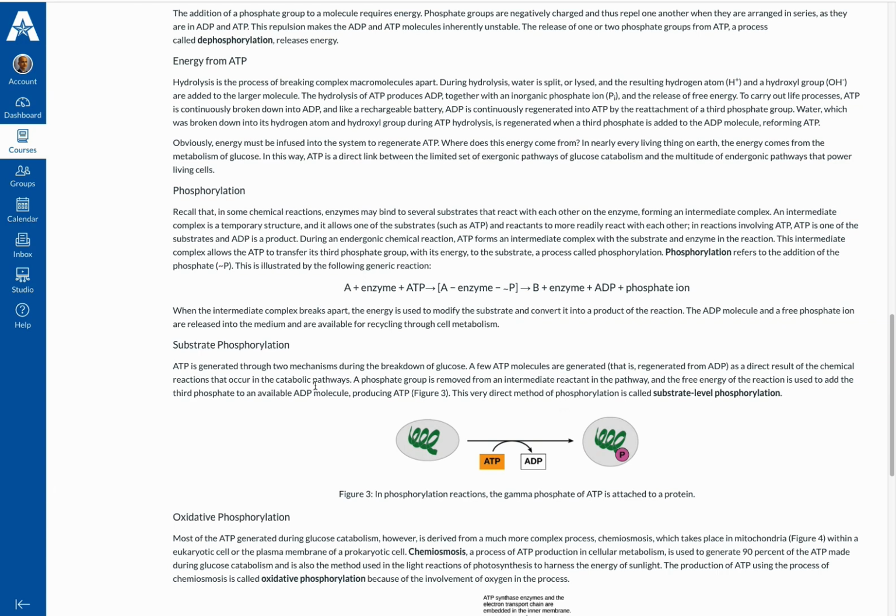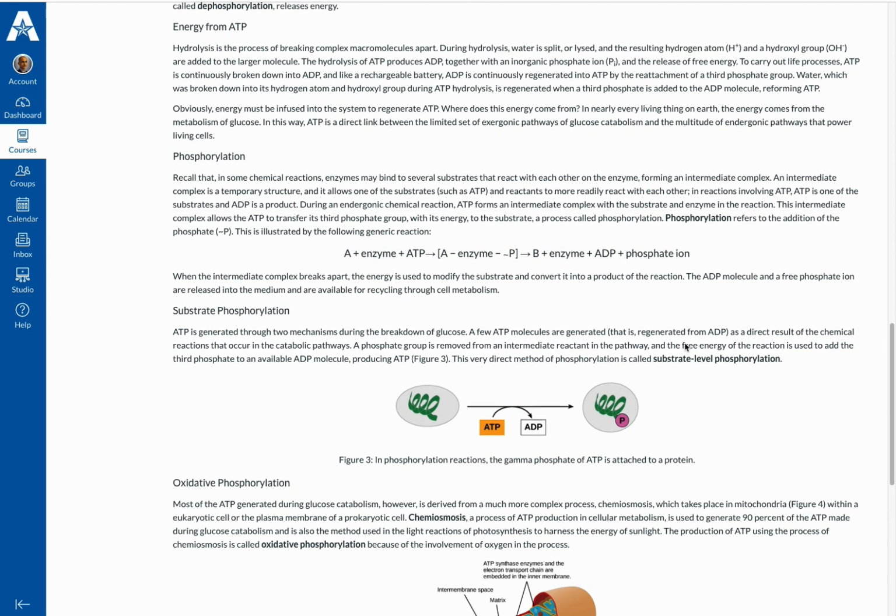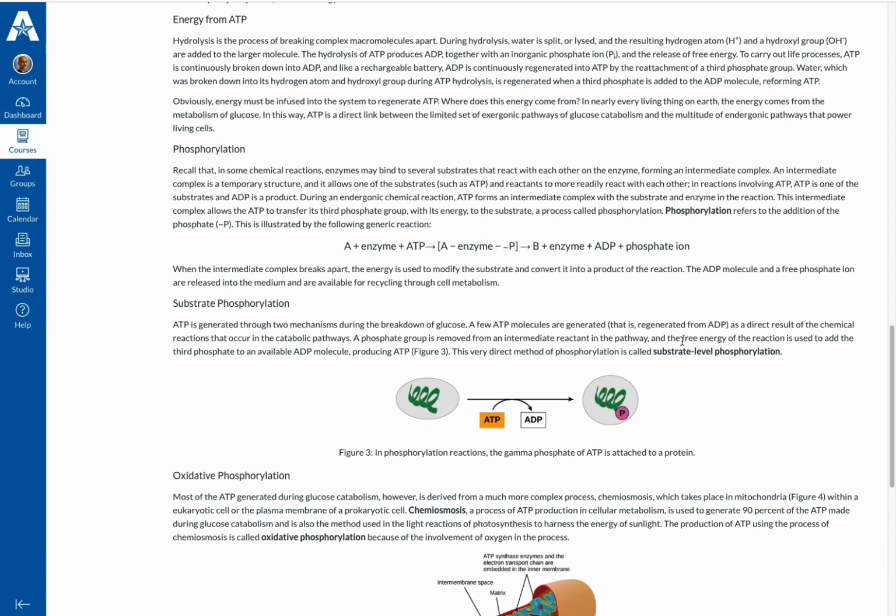Okay, so substrate level phosphorylation is the primary first step, I guess, in ATP production. Substrate level phosphorylation occurs during glycolysis. This is very important to know.